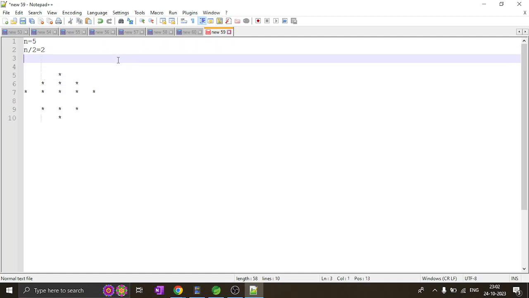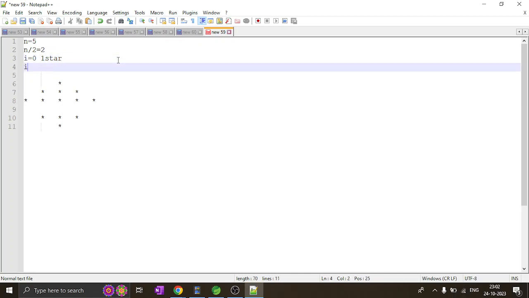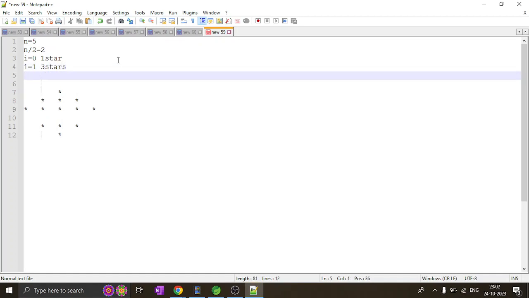So what we can see is for I is equals to 0, we print 1 star. For I is equals to 1, we print 3 stars. For I is equals to 2, we print 5 stars, right?